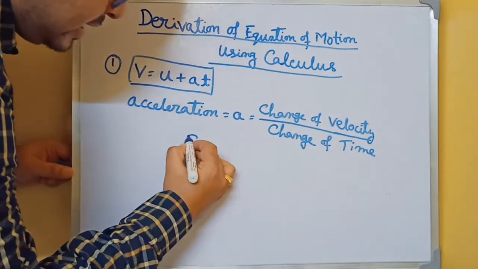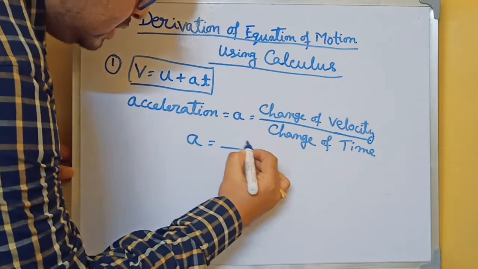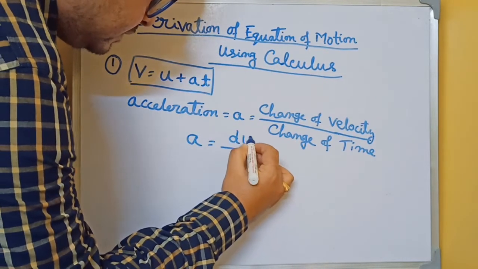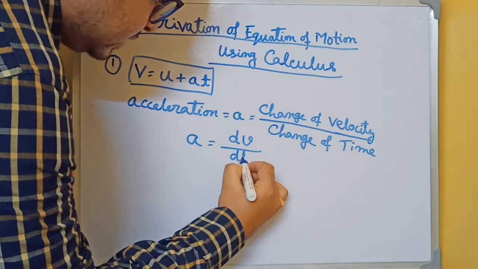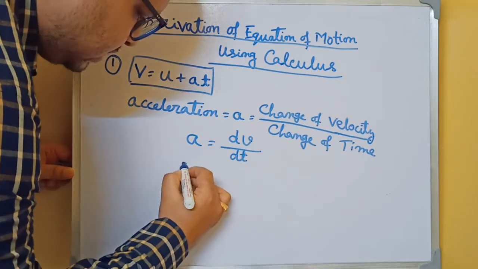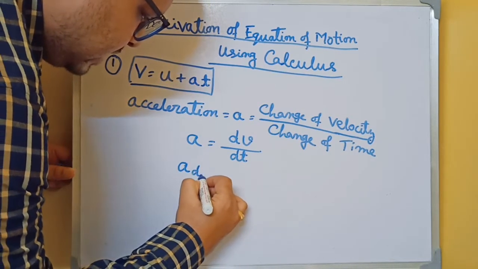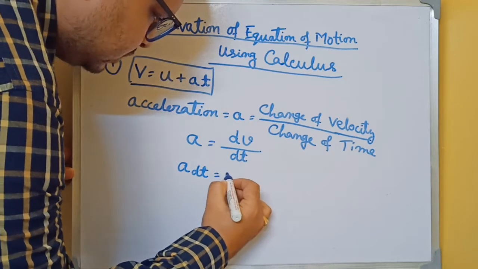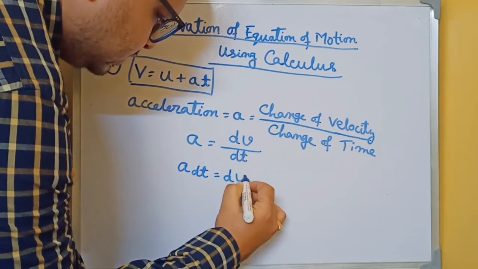That is, a is equal to dv by dt. Now we multiply this side, a into dt is equal to dv.